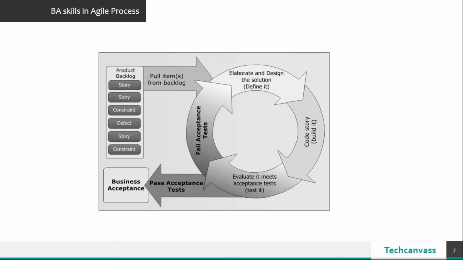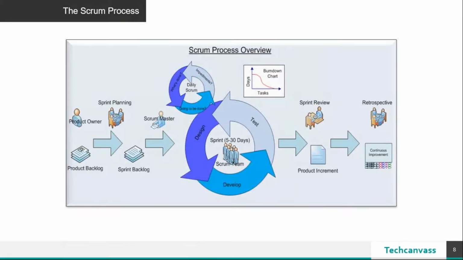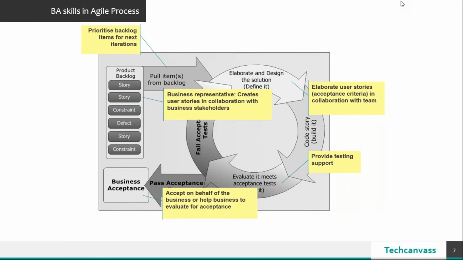And in the next slide we will see where the business analyst would come into the picture. So, prioritizing the backlog. As I said, it's a business analyst's responsibility to keep the product backlog in a prioritized manner.